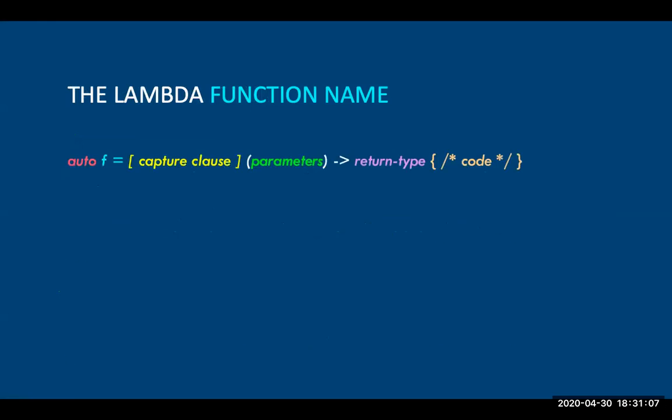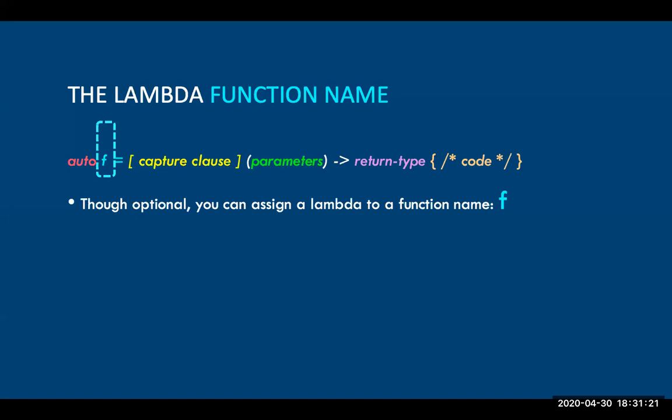So here's the name of our lambda. Auto is the type that we use whenever we're naming a lambda, so that we can invoke it like a function. So I'm going to name this lambda f, and that is going to allow me to call it later on. Even though these things are pretty transient, I can give them a name and use them for a while in a particular area of my code, inside of main or some other function.